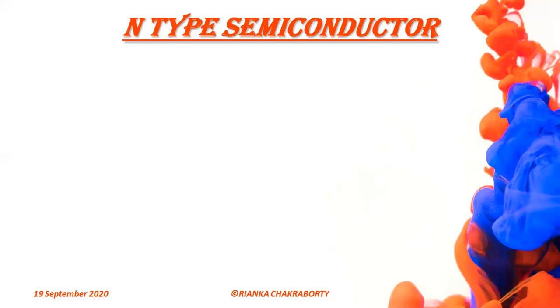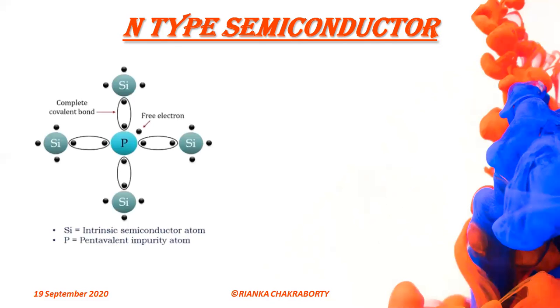So, what is an N-type semiconductor? When we add a pentavalent impurity to a pure semiconductor, that is called an N-type semiconductor. Let a small amount of a group 5 element such as phosphorus be added to a silicon crystal.